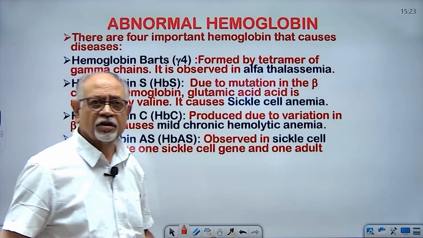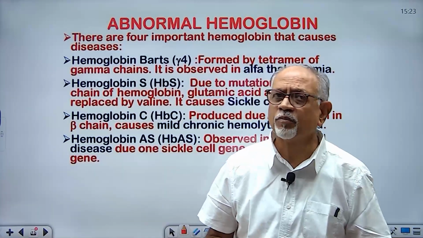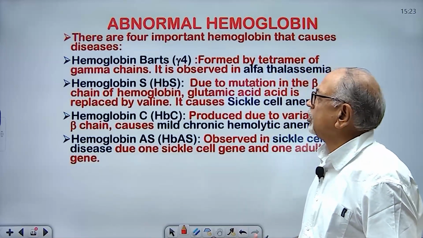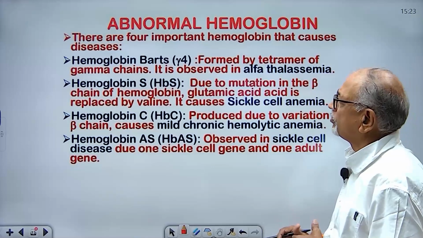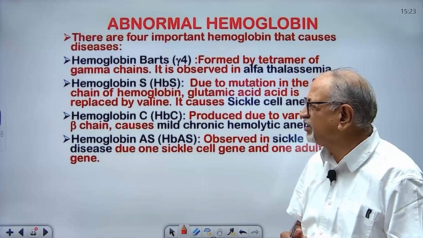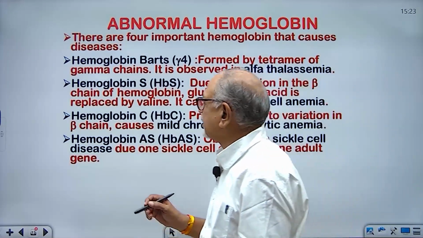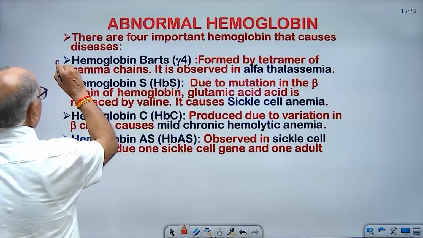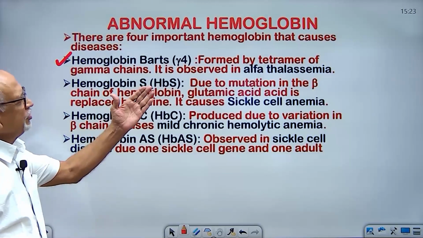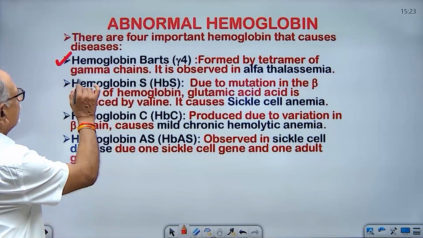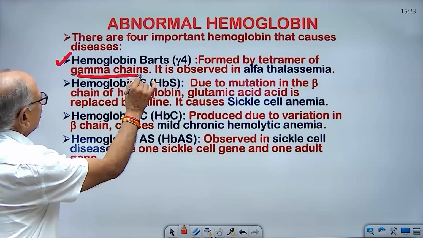Now, there are certain abnormal hemoglobins. There are 4 important hemoglobins that cause diseases. Number 1 is hemoglobin Barts. It is a tetramer of gamma chains.